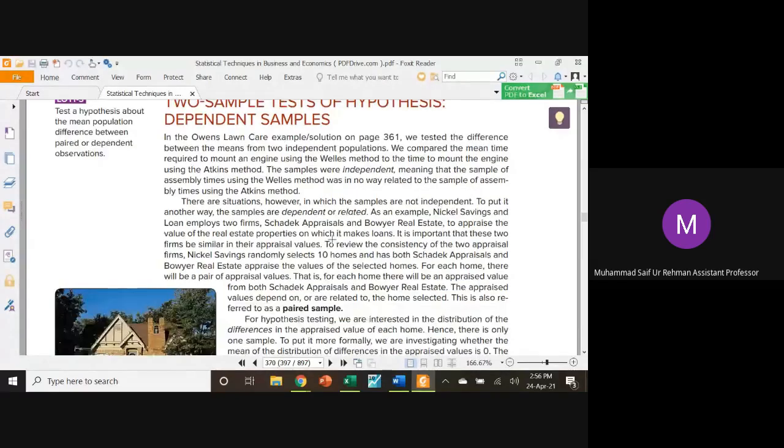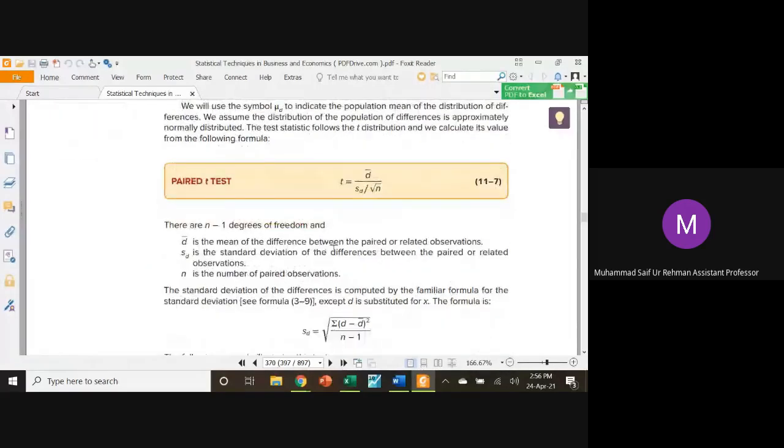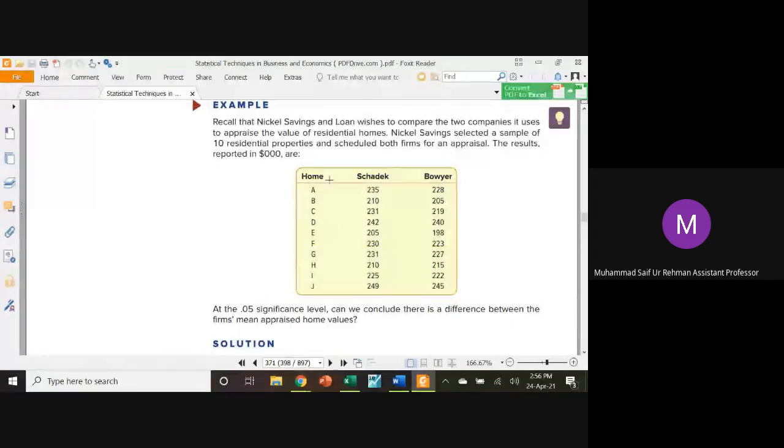Dependent samples means there is one sample. Let's say in this case, homes are there. These are the homes A, B, C, D up to J, of different sizes. And these two are the constructors, Shaddick and Boyer. They are giving the estimates for the construction of the homes. $235,000 if the home is of this size.